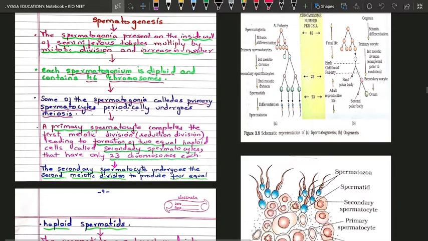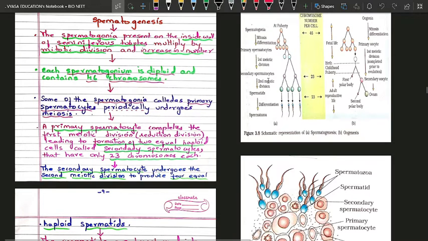A primary spermatocyte completes the first meiotic division, that is the reduction division, leading to formation of 2 equal haploid cells called secondary spermatocytes that have only 23 chromosomes because they are haploid.